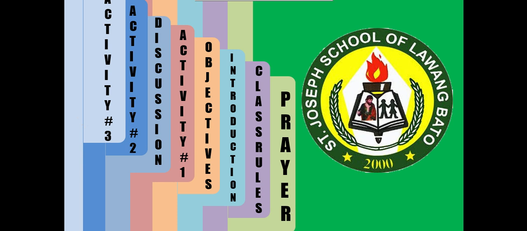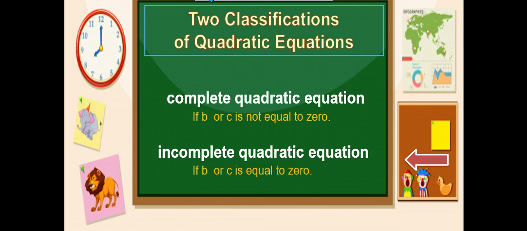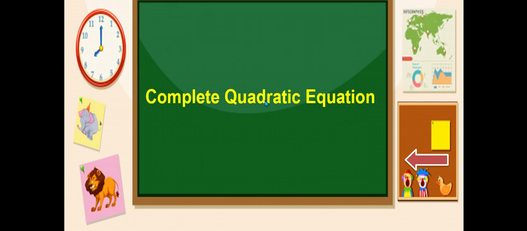Now let us look at examples of complete quadratic equations, as well as incomplete ones, to see the difference between them. The complete quadratic equations are the following. Observe: x squared plus 4x plus 4 equals 0. 12 equals negative x plus x squared.